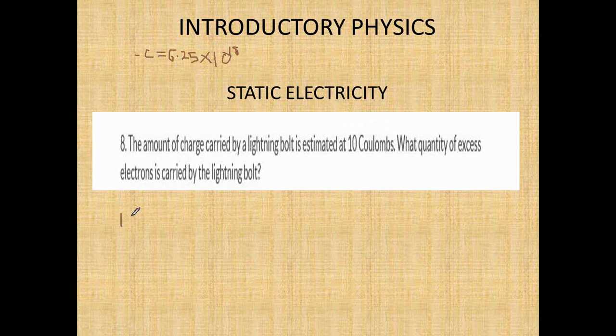So 10 coulombs have this many electrons: 6.25 times 10 to the power 18, times 10, for 6.25 times 10 to the power 19.